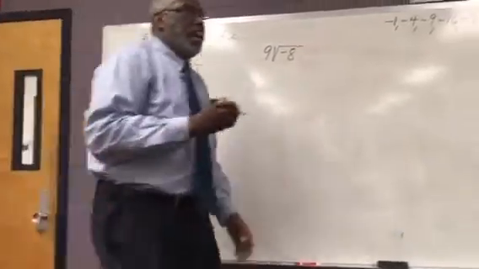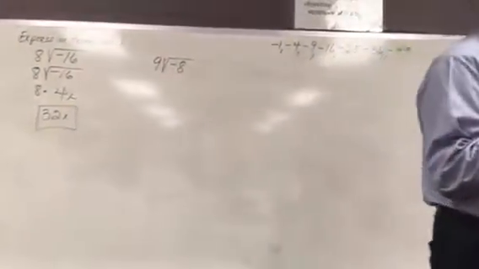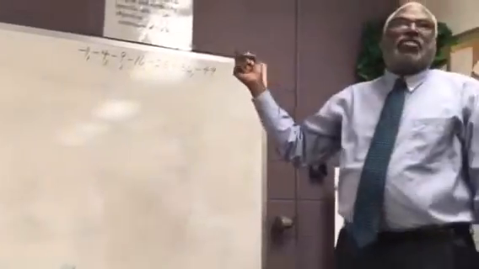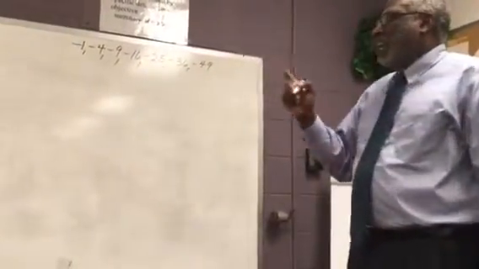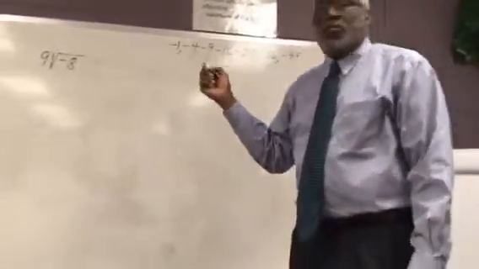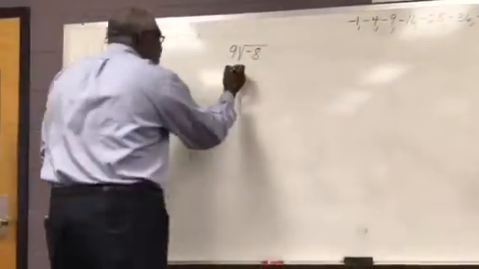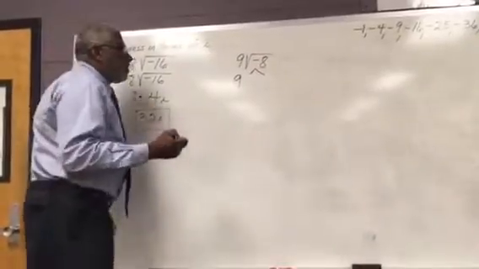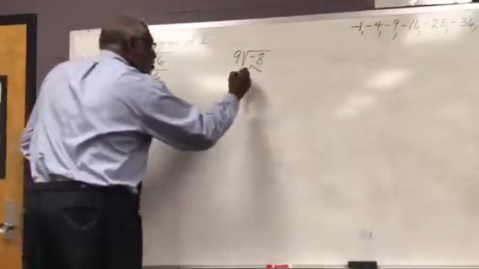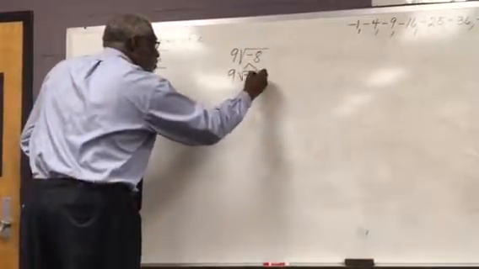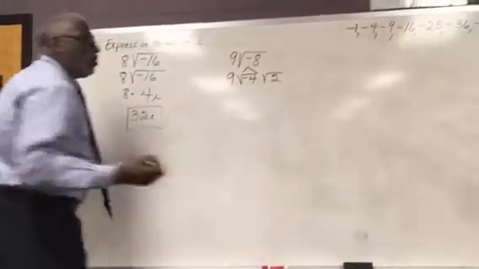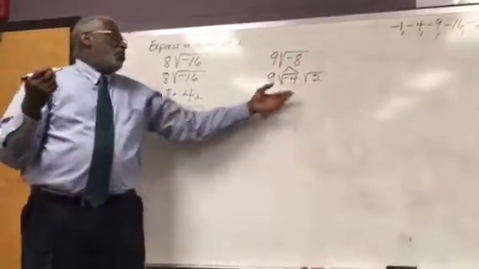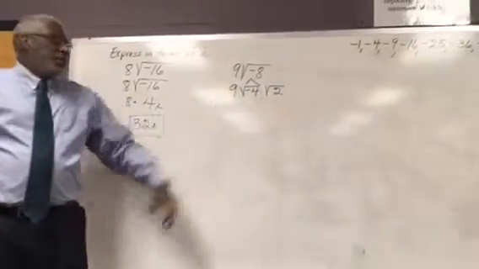The next problem is a little complex, but we're going to use our perfect imaginary squares to break down the square root of -8. So this is 9 times, and we're going to use the perfect square, so it'll be the square root of -4 times the square root of 2. The whole reason we use these perfect imaginary roots is so that we can take the square root of it.